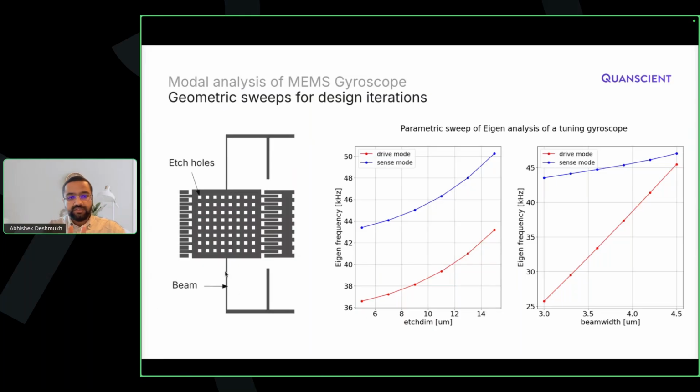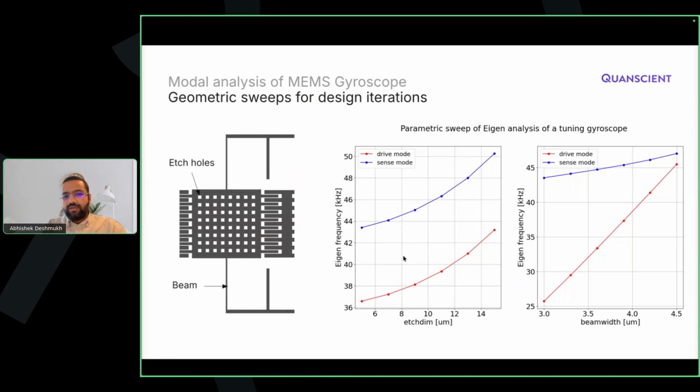Essentially, increasing the beam width would increase the stiffness, and that would lead to an increase in the eigenfrequency for the drive mode, not so much for the sense mode. That's why you see a slight increase, but still not as much as for the drive mode.